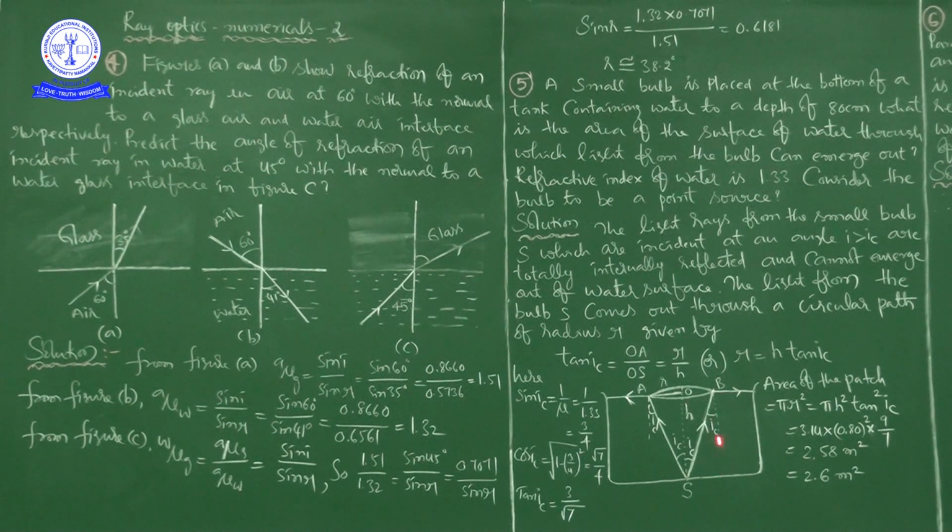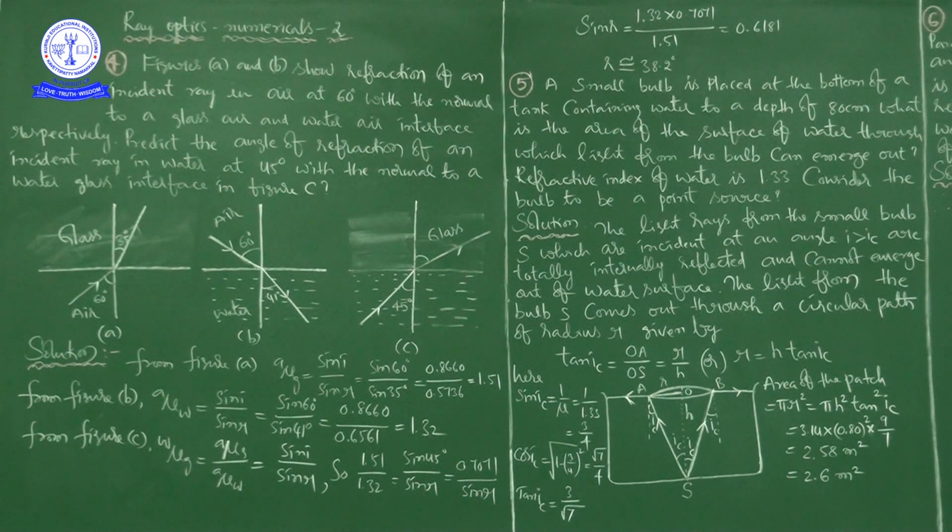What is the area of the surface of water through which light from the bulb can emerge out? This is the surface of water. He also gives the refractive index of water, 1.33, and says to consider the bulb to be a point source, right?